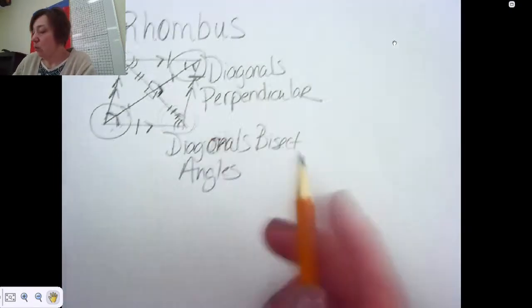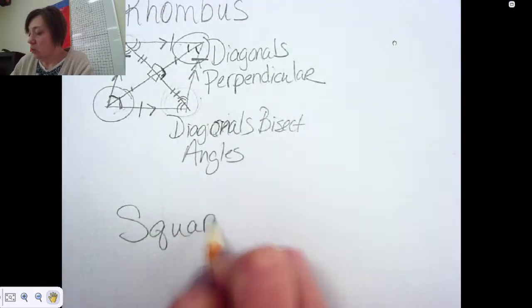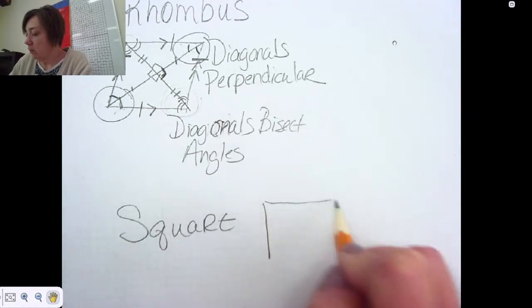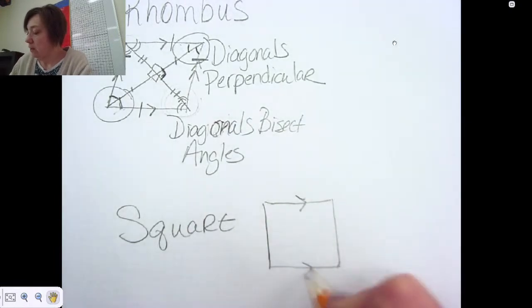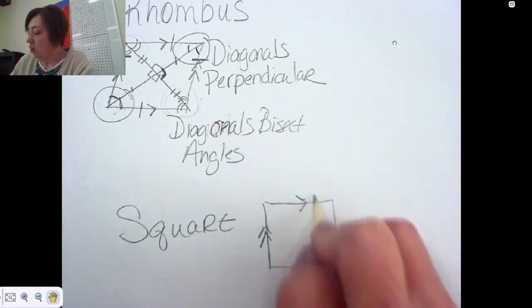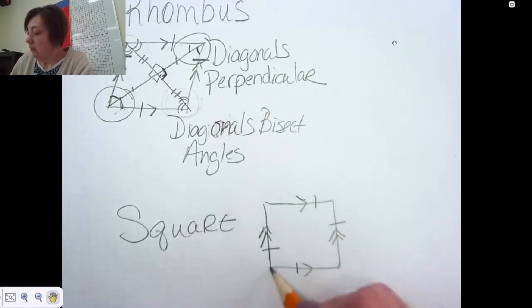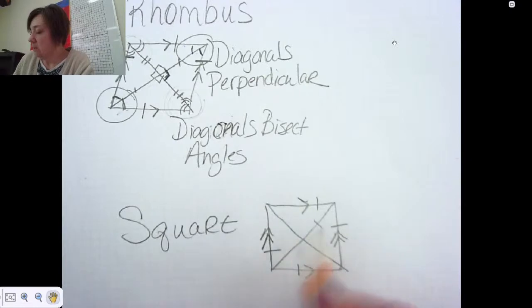Now, let's take it one step further and talk about a square. So a square is a parallelogram, and it is a rhombus, and it is a rectangle, right? So it has two sets of parallel sides because it's a parallelogram. All four sides are congruent because it's a rhombus. The diagonals bisect each other. So this is congruent to this, and this is congruent to this.